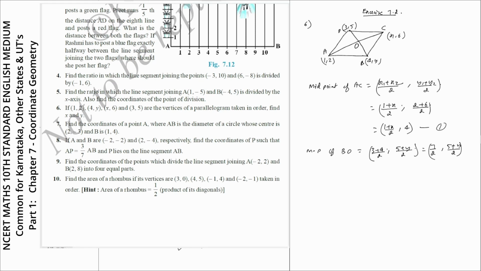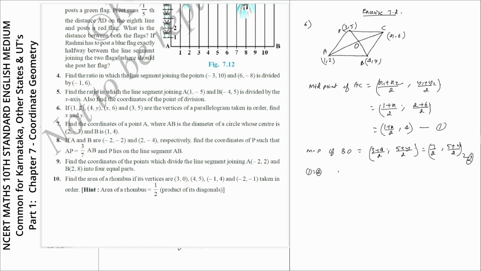So midpoint of AC is equal to midpoint of BD. Both midpoints are the same. Okay, I'll mark this as 2. That means 1 is equal to 2, so we can equate the right hand side. The x term we can equate separately, and the y term we can equate separately.